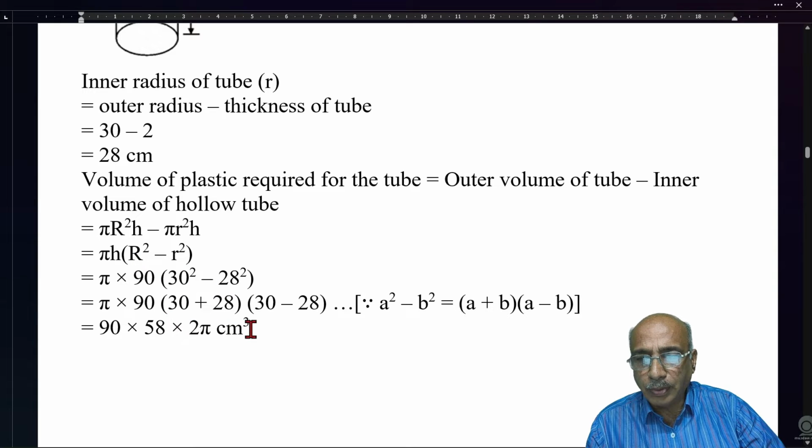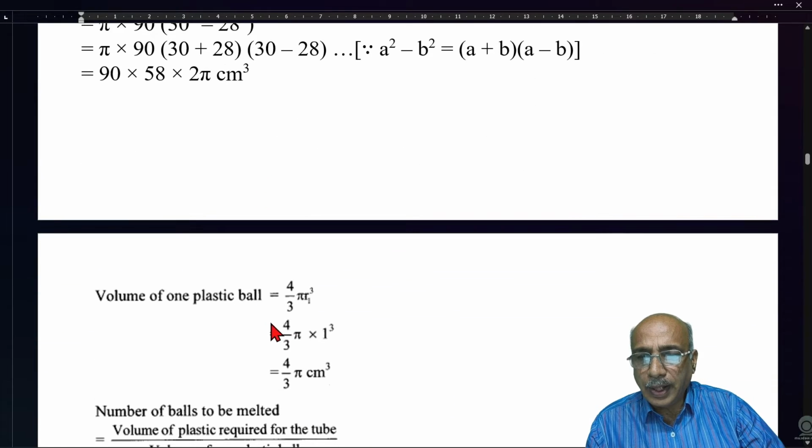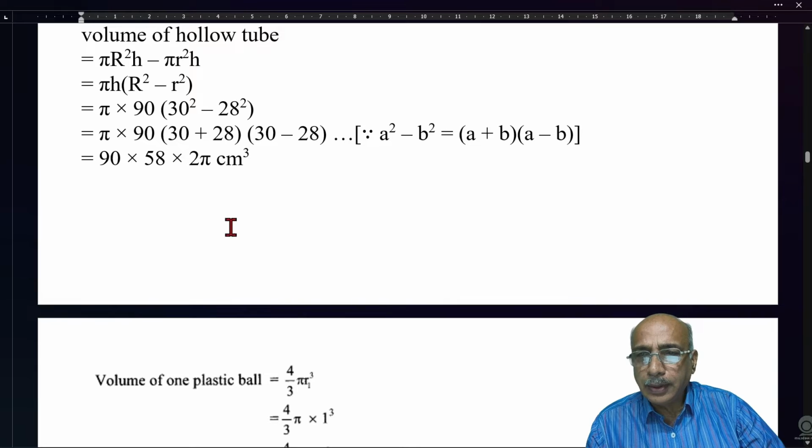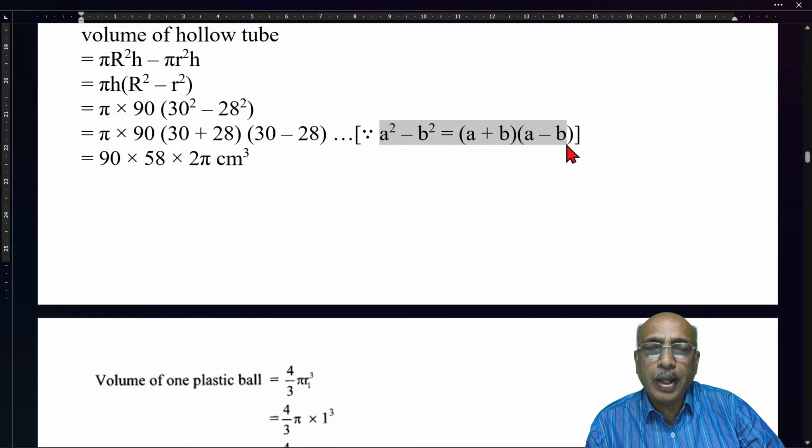Substituting the values from above and calculating, here we are getting pi into 90 into 30 square minus 28 square. If you want to simplify the calculations, here it is explained. Apply the expansion formula, a square minus b square equals a plus b into a minus b.